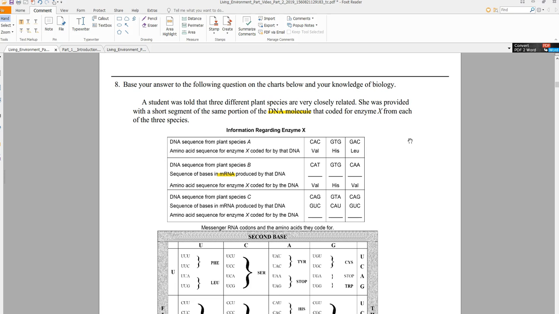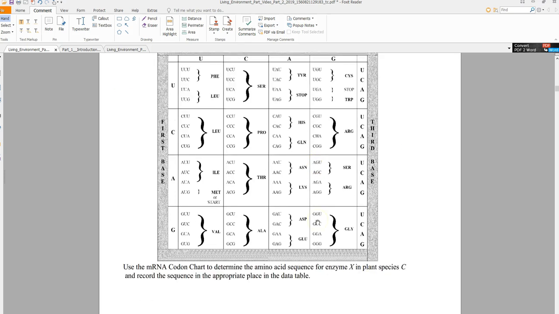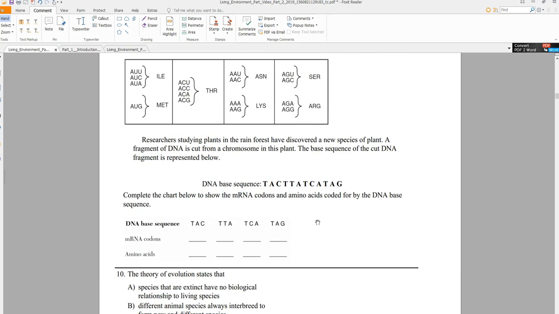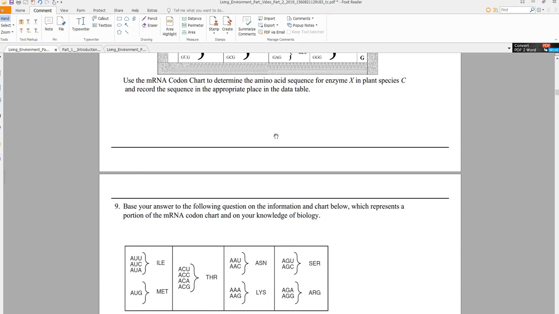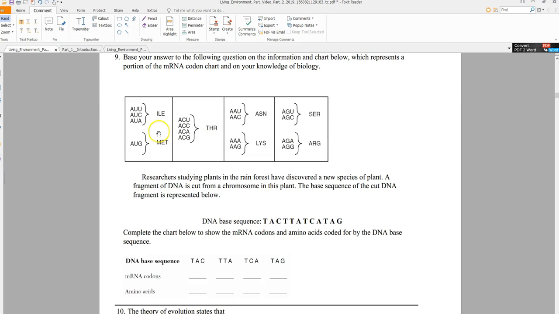So let's skip this one and go to one. This is just a very, very short version of this chart. This chart basically gives us the code of the messenger RNA, and it tells us what the amino acid would be.